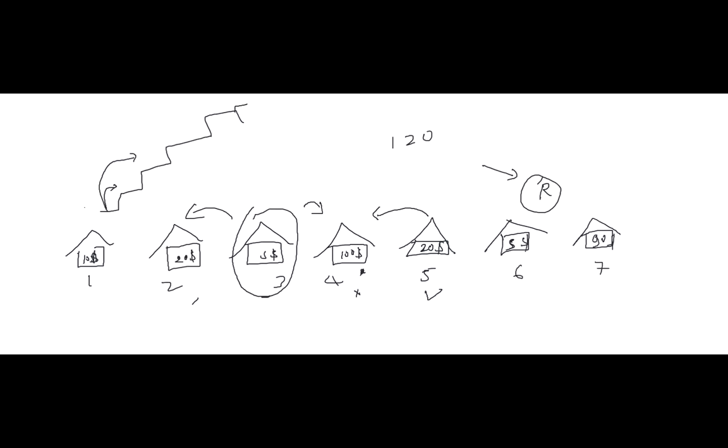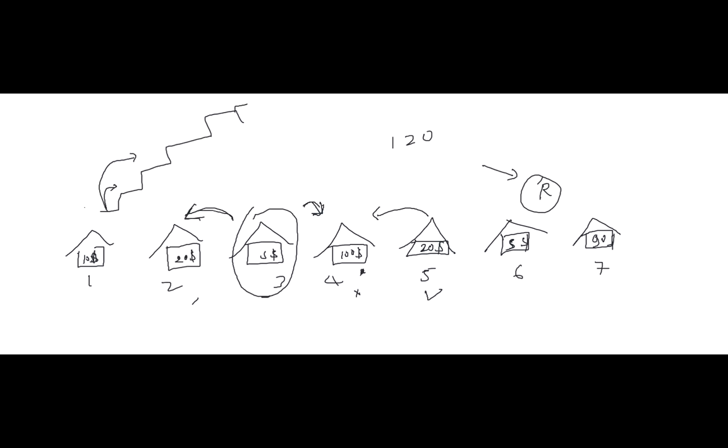Okay, so the scenario is that you are the robber and you want to steal the money from these houses, but the condition is you cannot steal money from the adjacent one. If you are stealing money from any of the houses, you cannot steal from the left side and right side houses. Why?